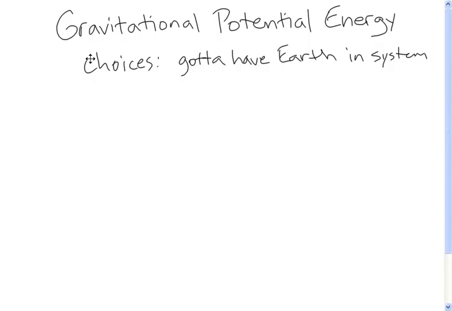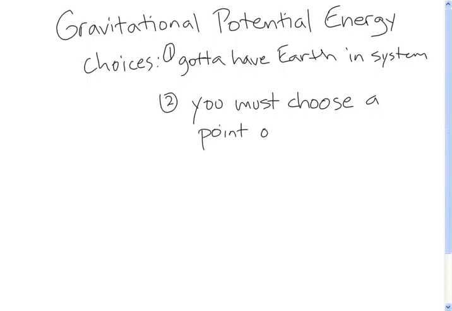In order to compare gravitational potential energies, or to put a number on gravitational potential energies, you have to choose your point of reference. How you're going to measure height.